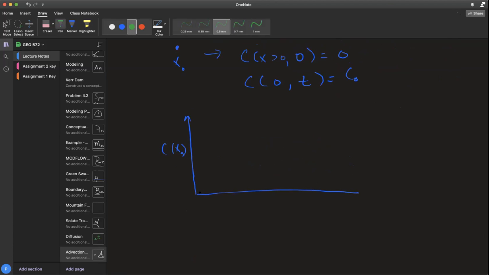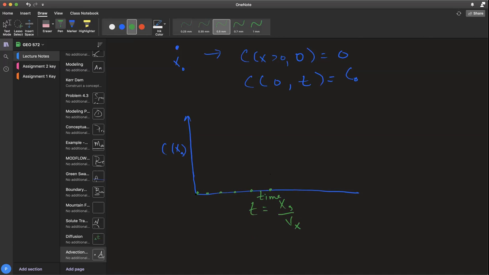It would start off at 0. And then at some point, given by t equals x_s over v_x, this is time, this axis here.